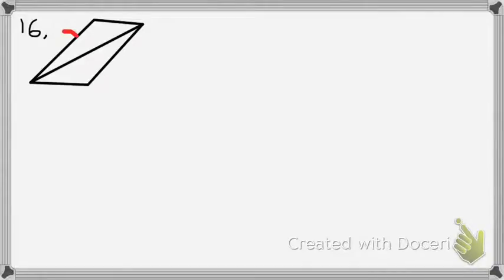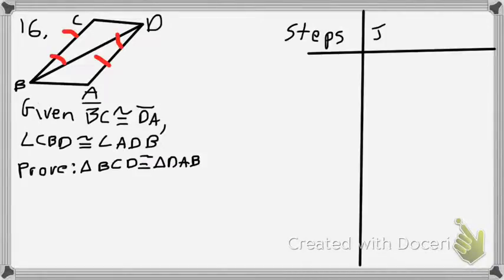Okay, so now I want to do one that's going to give us side angle side, and that's going to be number 16. So I'll pick up from right there. Here we're looking at triangles BCD and DAB.